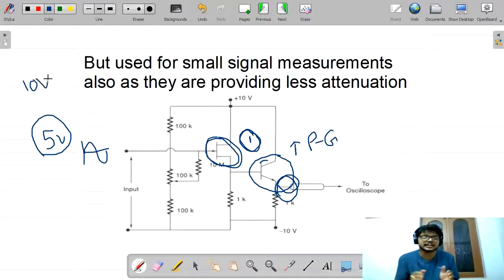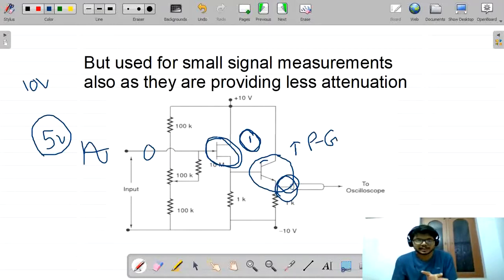Suppose my input signal is at 10 volts. Now what do I need to do? I need to place an attenuator in this path such that my 10 volt signal will be turned into a 5 volt signal. It is the process that we are doing.